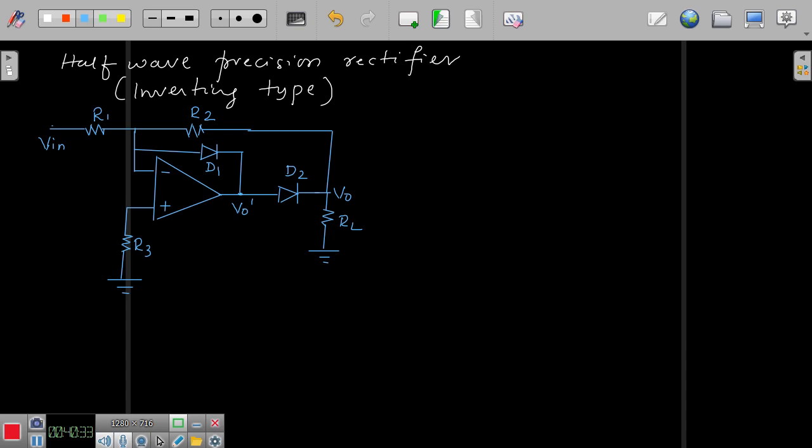R3 either you can have or you may not. Again, coming back to the waveforms, this is my V in.